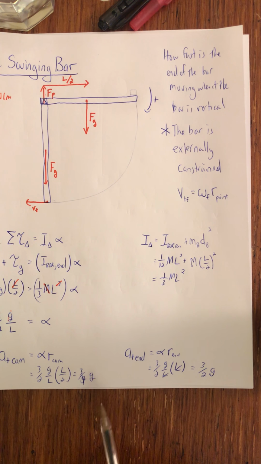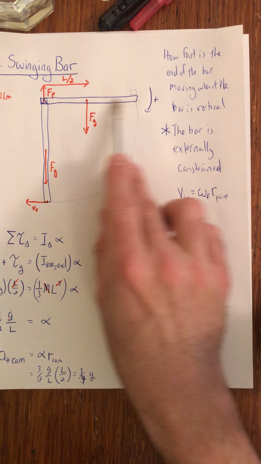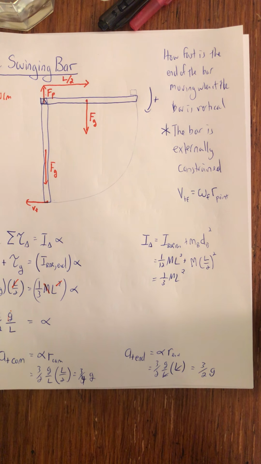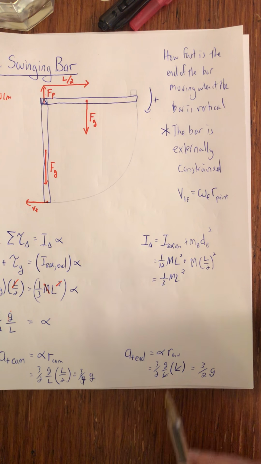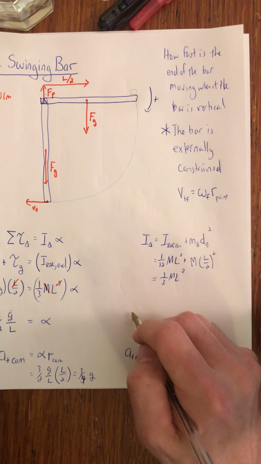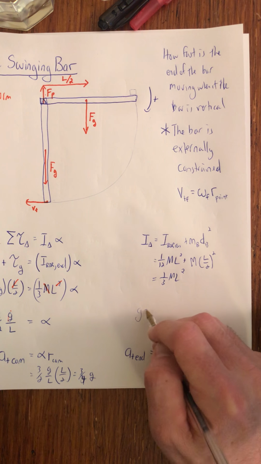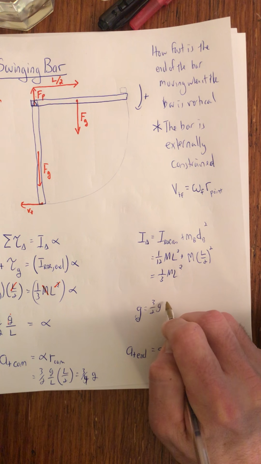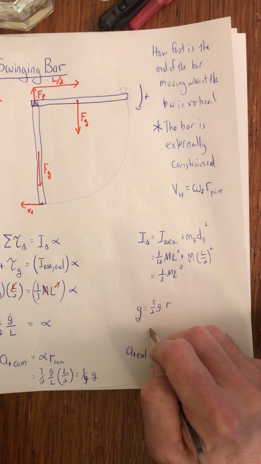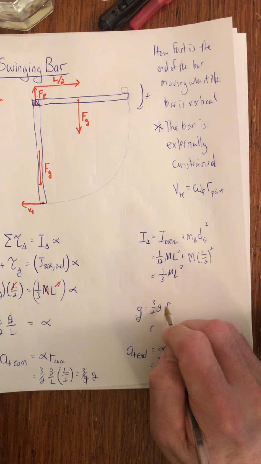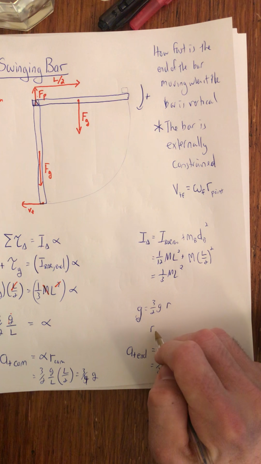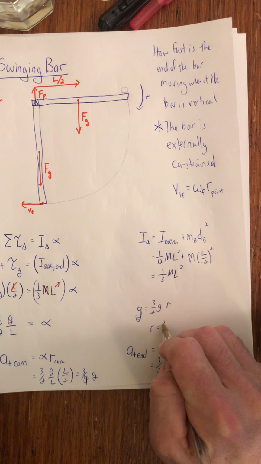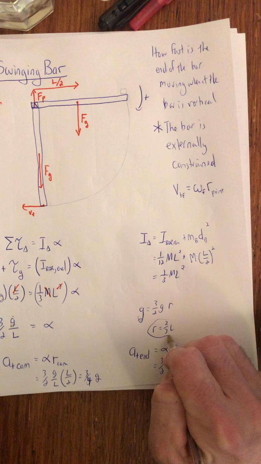There's another weird thing, is that there must be some point along here that is accelerating exactly at g. So what point is that? Well, if I look at that, so let's say g is equal to alpha, which is 3/2 g over L, times r. Where is that? Well, r would be at 2/3 of the distance out, 2/3 L out.